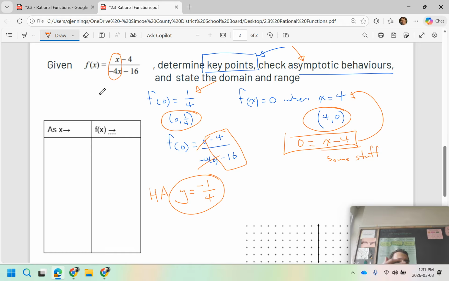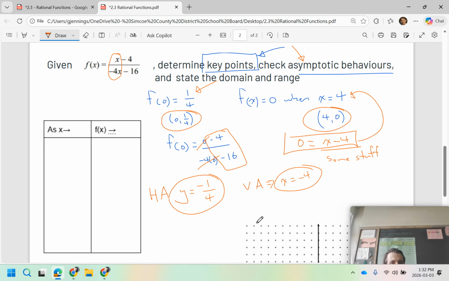You can imagine x gets very large, or you can do the darn division. Doing the darn division is okay as well. And then you will find that that's what it is. Good. Okay. And then our vertical asymptote is equal to what? -4. Indeed it is. So our vertical asymptote is given by x is equal to -4.